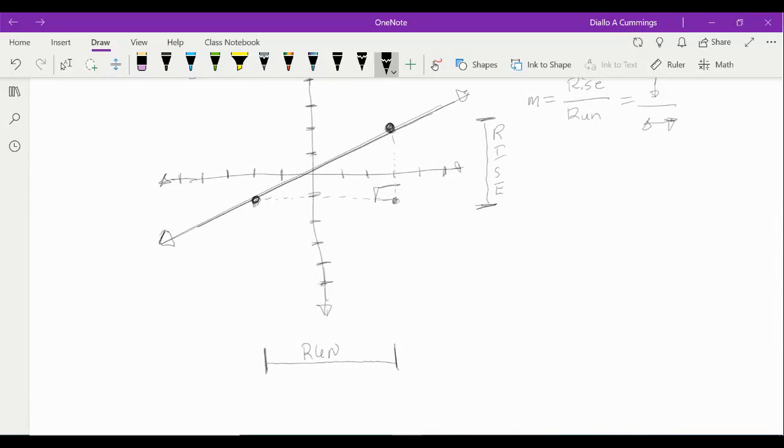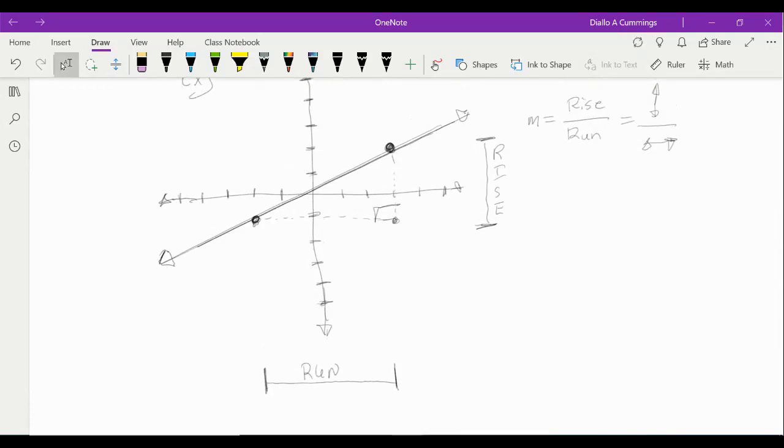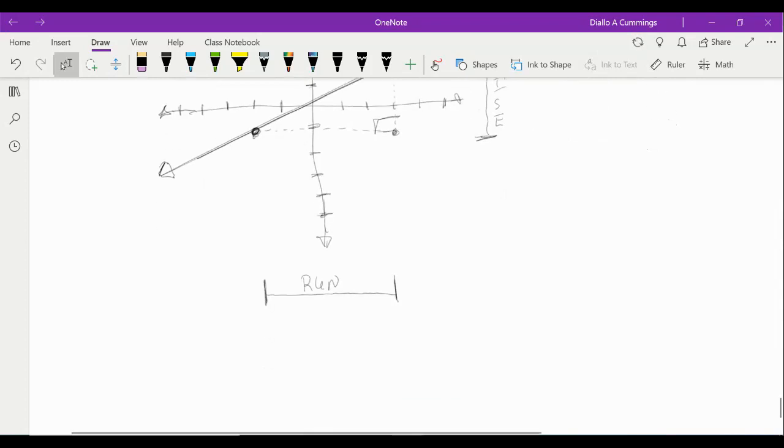So just as a precursor, before we actually calculate the rise and the run, we're going to talk about the classifications of slopes.